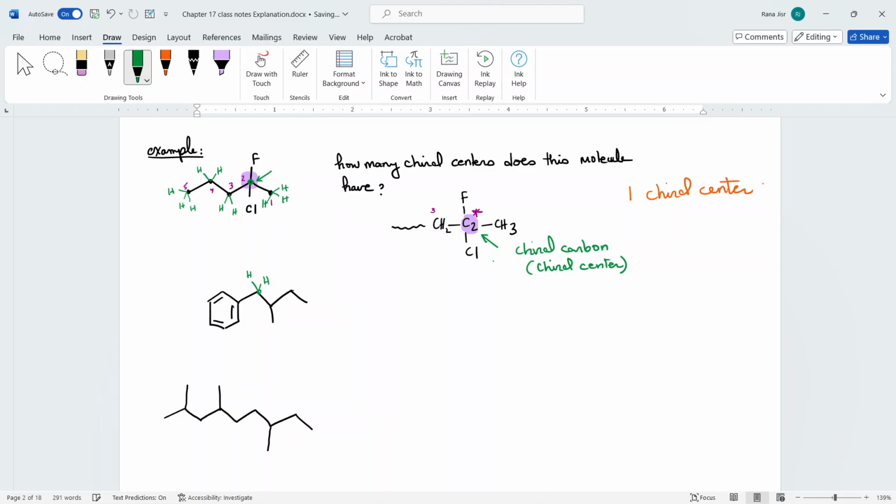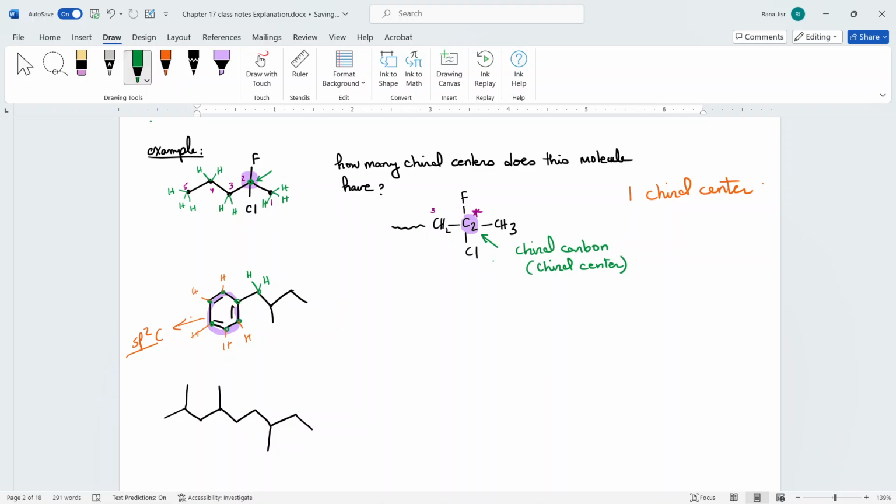Now I know that all of these carbons on the benzene are sp2 hybridized. So I'm just going to group all of those and say that these are sp2 hybridized carbons. So you don't have 4 different groups. Each one of those has 3 groups around it. So each one of these carbons is not considered to be a chiral center.